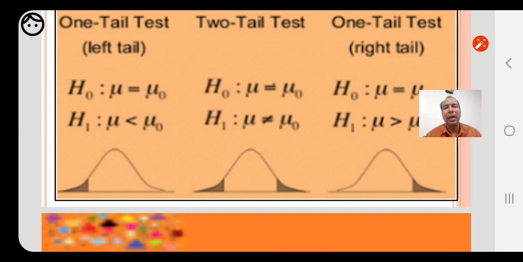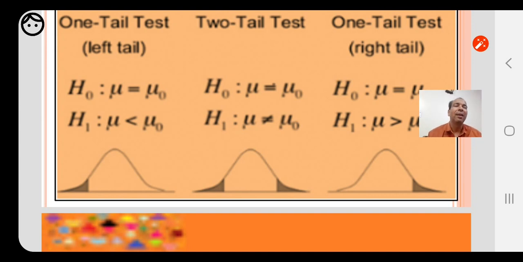When the alternative hypothesis has a less than sign, then this is always a left tail test, and this is always a one tail test, and that too a left tail test. The null hypothesis here is H naught: mu equal to mu naught, whereas the alternative is mu is less than mu naught. This is the left tail test.